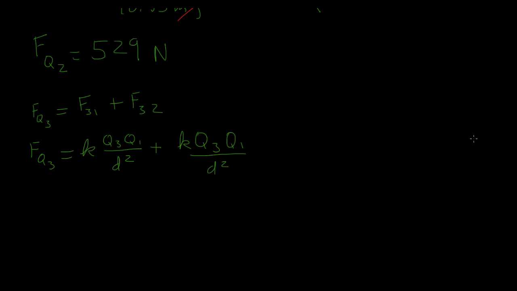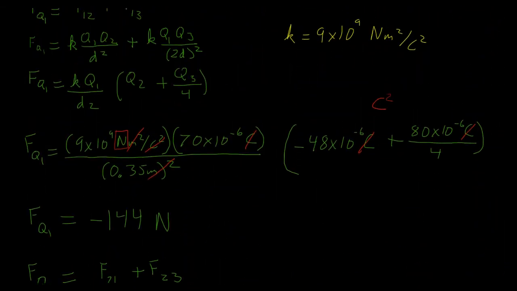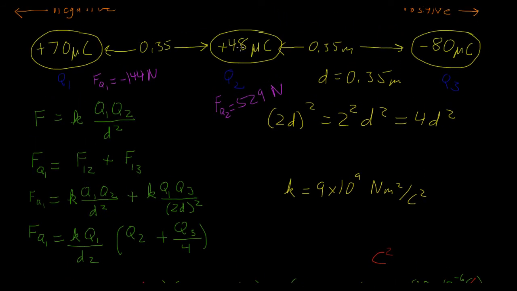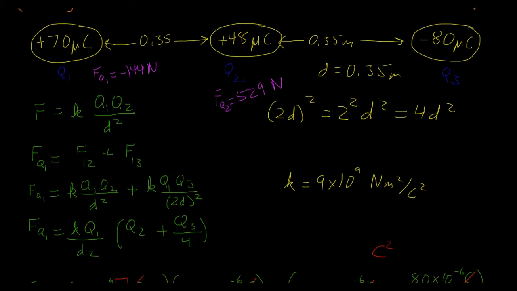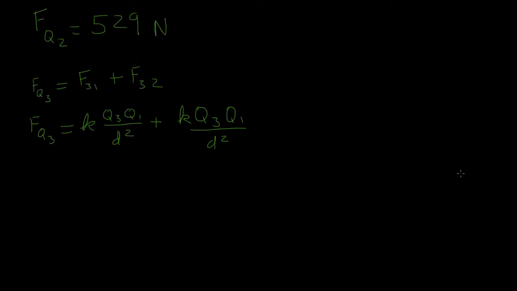But remember that Q3 and Q1, the distance between them is twice the distance between Q2 and Q3. So we'll want to make sure that we write this as 2 times the distance and then squared.